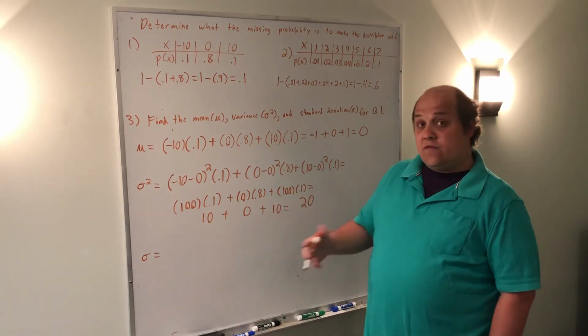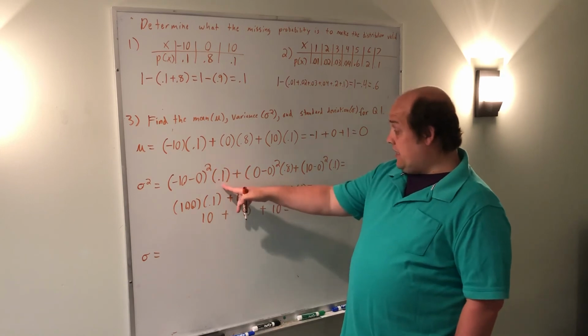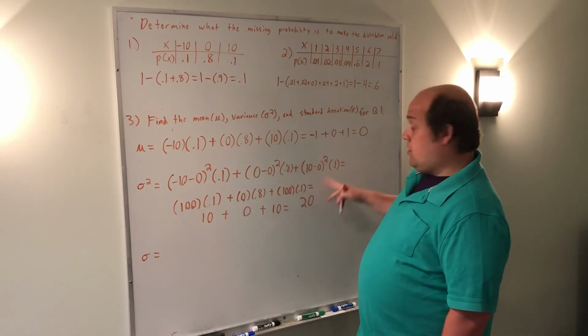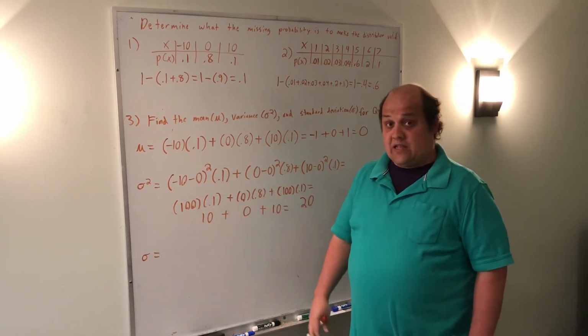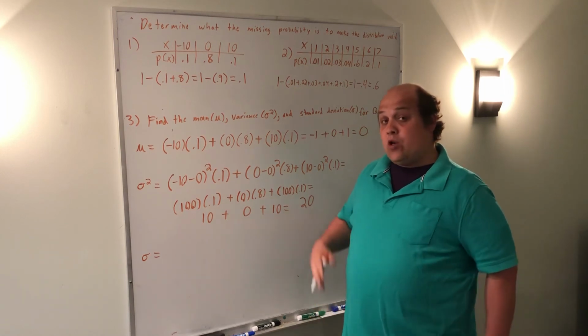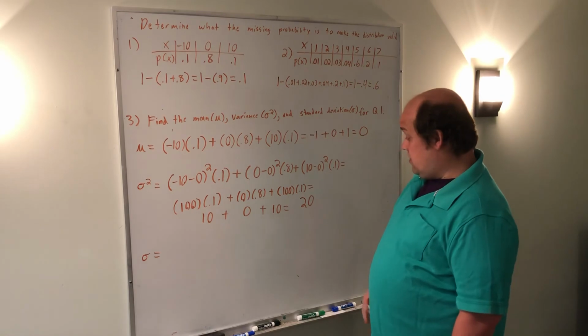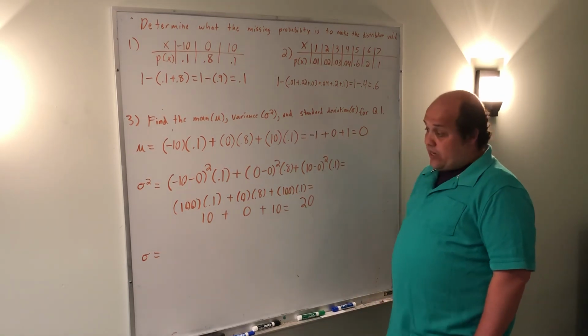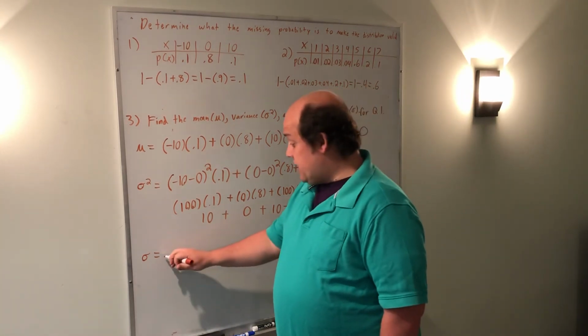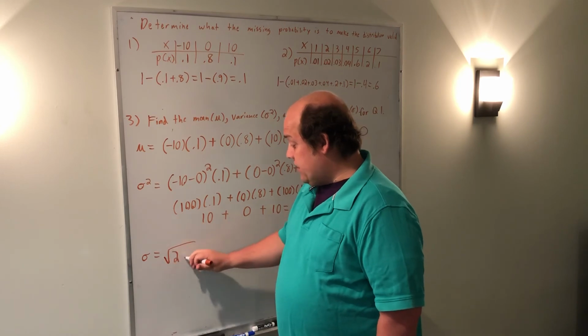Again, we don't need to divide by anything because these probabilities did the division for us, basically. They weighted things properly. We don't have to say, let's divide by how many data points we have. If the variance is 20, the standard deviation is just gotten by taking the square root of that variance.